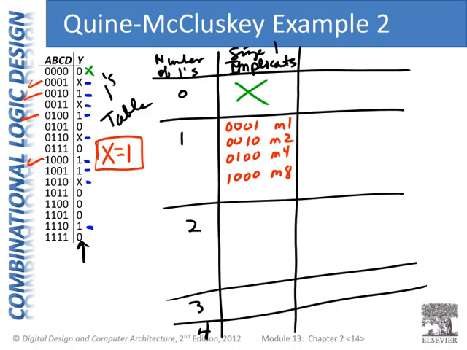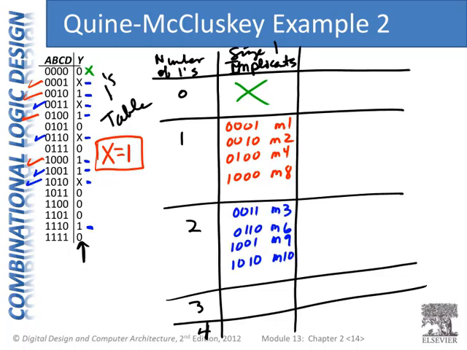Now we look at the input combinations that have 2 ones. Min term 3, min term 5 isn't included, min term 6 is, min term 9, min term 10, and the last one we would check was min term 12, but that output is 0, so not included.